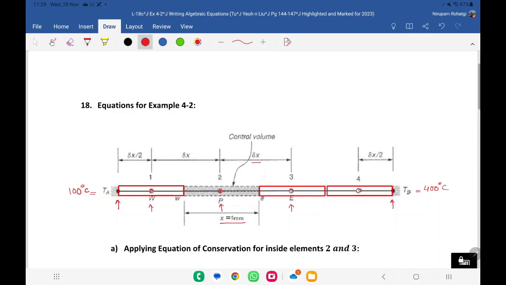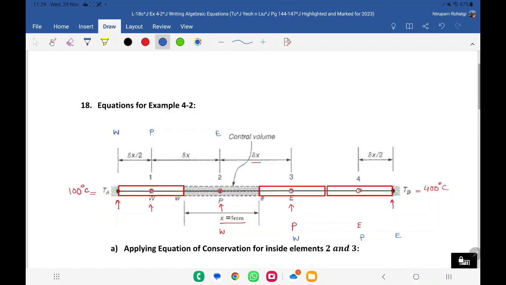Of course, because you are writing the equation for all the points, as you move next, this E will become P, this will become your east, and this will become your west. Similarly here, this will be P, this will be east and this will be west.